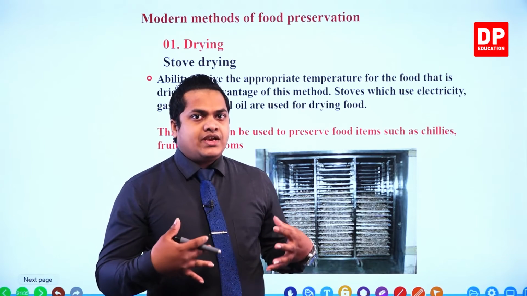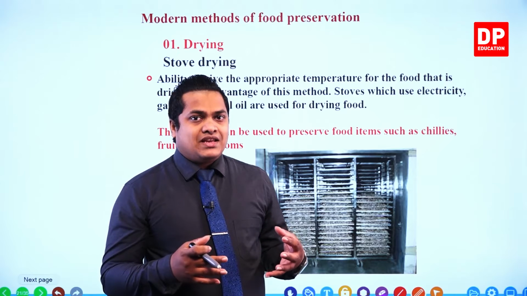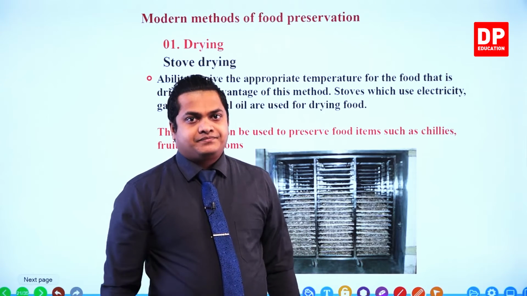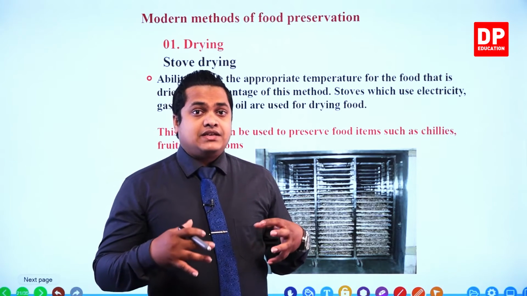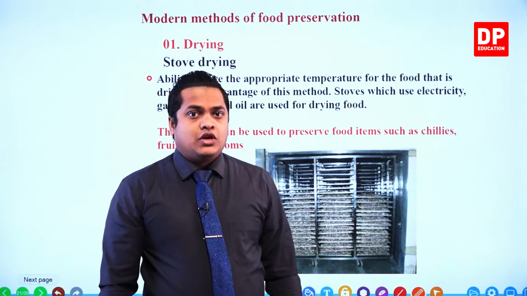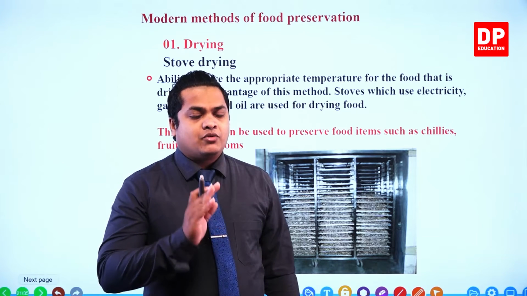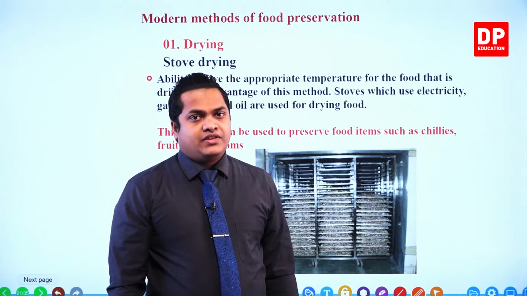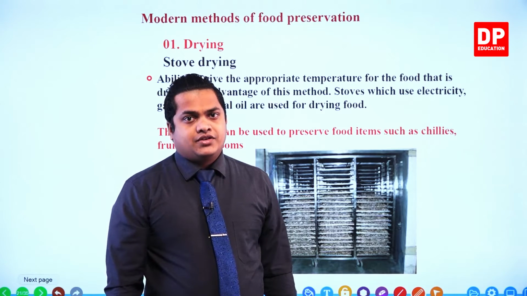We can even control the temperature by reducing the raw materials being used to get the fire. If we want, we can increase the temperature, or reduce it. So the necessary temperature can be given to the food item during the drying process. That's an added advantage of this method.